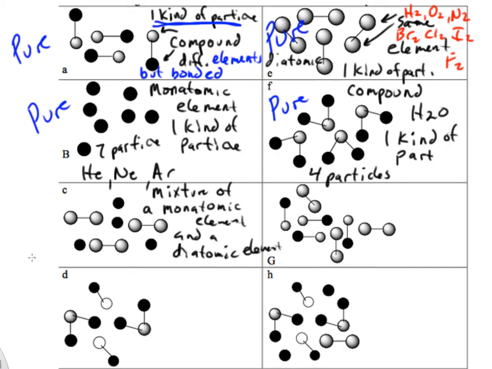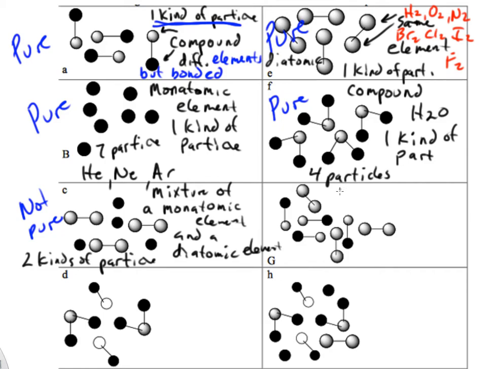So we have two kinds of particle. And we have 1, 2, 3, 4, 5, 6, 7 total particles. But this is not pure because the particles are different. And these are bonded, but this is not bonded like up here. So that's not pure.